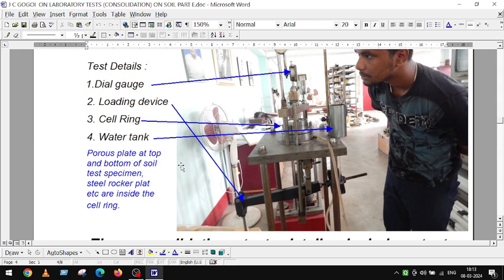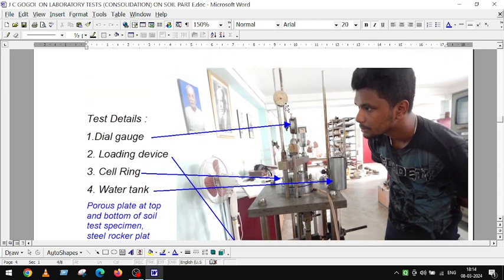A porous plate at top, the sample in between, and a porous plate at bottom, and a perforated steel plate at bottom, one above, and a hard steel plate is there, where one steel ball is there for direct contact with the loading arm.